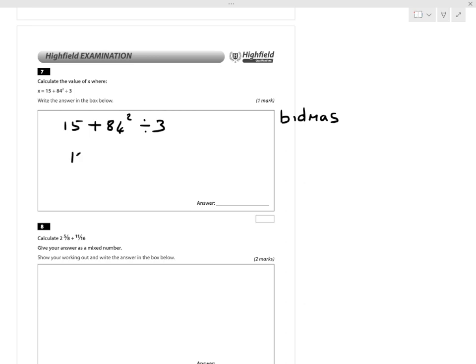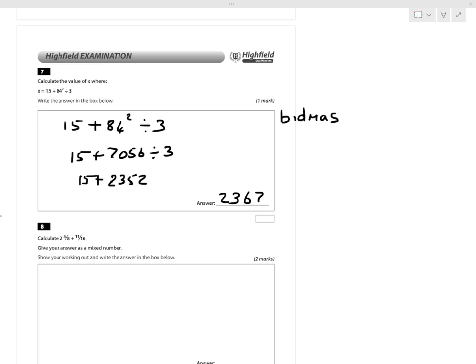So we've got 15 plus 7056 divided by 3. Do the divide. 7056 divided by 3 is 2352. 2352 plus the 15 is 2367. That's what I make it anyway.